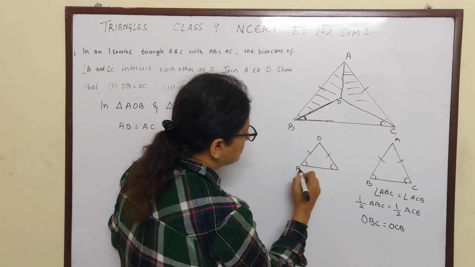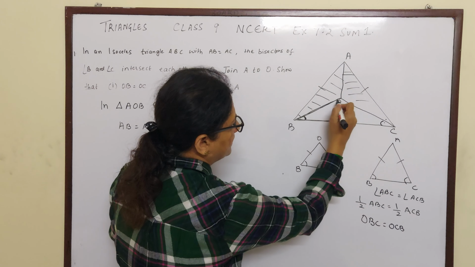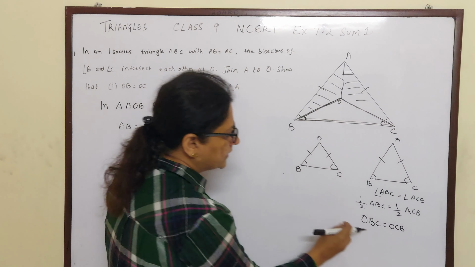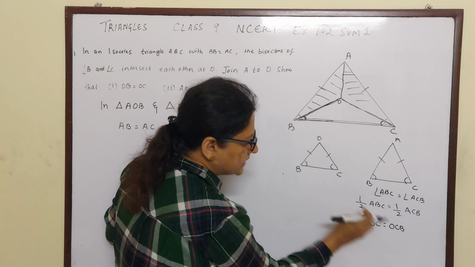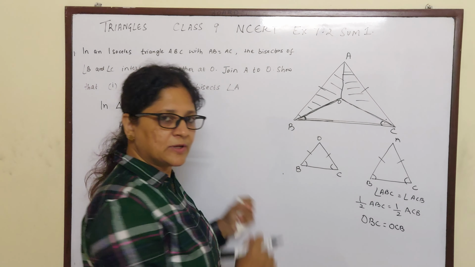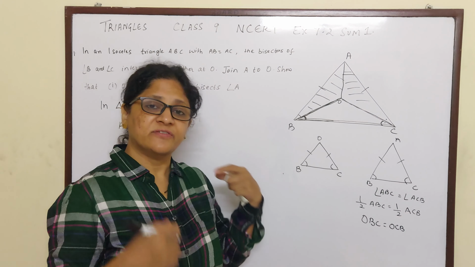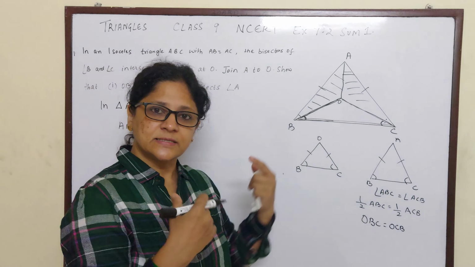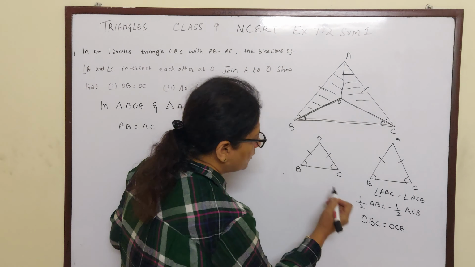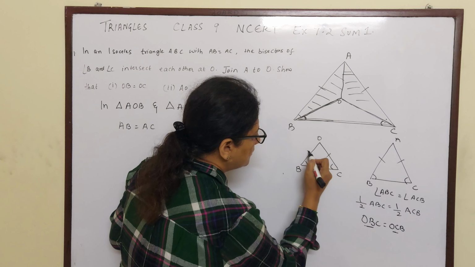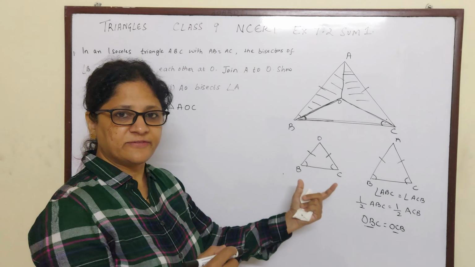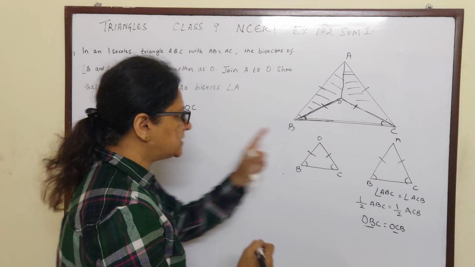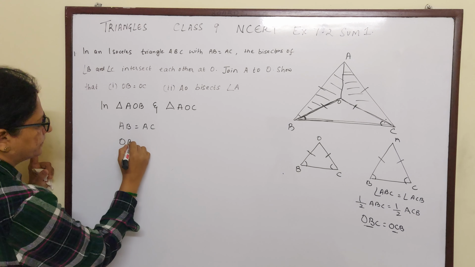This is O, this is B, this is C. So I have taken this triangle OBC here and shown you. Now OBC is equal to OCB. So here the angles are equal. So if angles are equal, children, then the sides opposite to them will be equal. That is the isosceles triangle concept. So OB is equal to OC. So this is the point which we have got. So I can say OB is equal to OC as my second point.